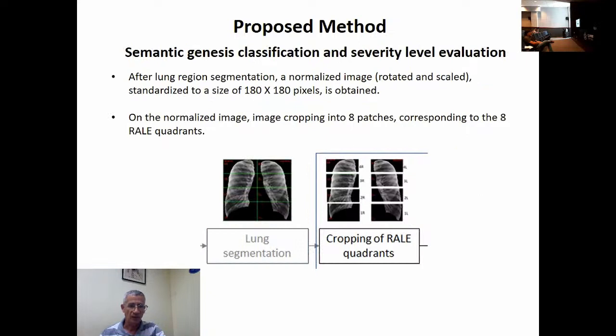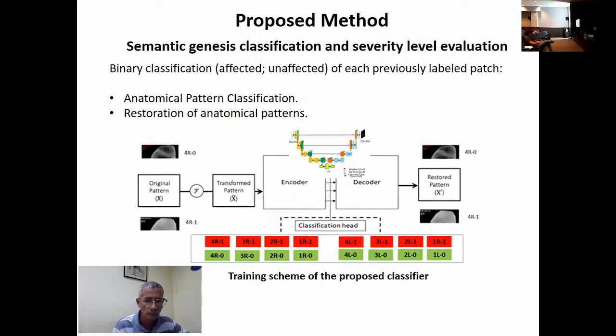After lung region segmentation, a normalized image, rotated and scaled to a standardized size of 180 by 180 pixels, is obtained. On the normalized image, we perform image cropping into 8 patches, corresponding to the 8 quadrants of the RALE position.